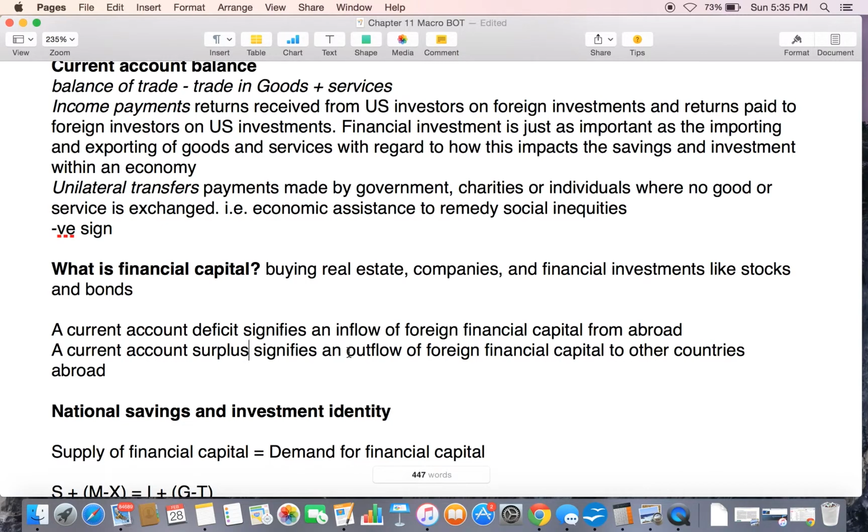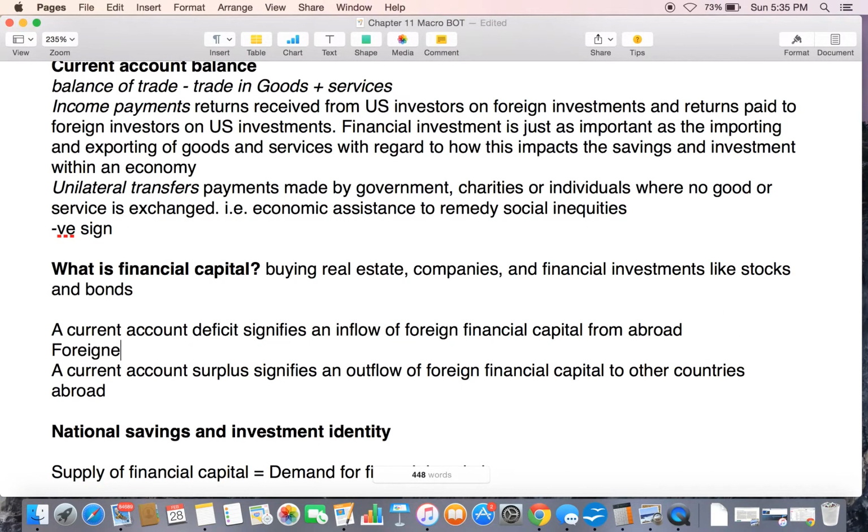When we have a current account deficit, however, foreigners will be buying our real estate, our companies, and investing.